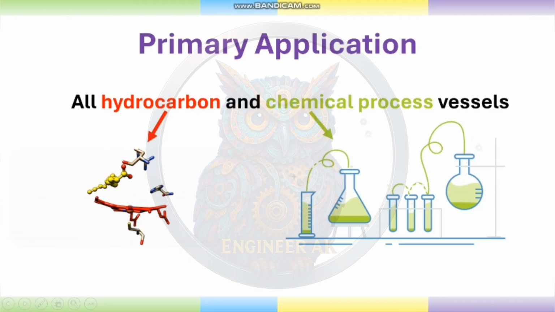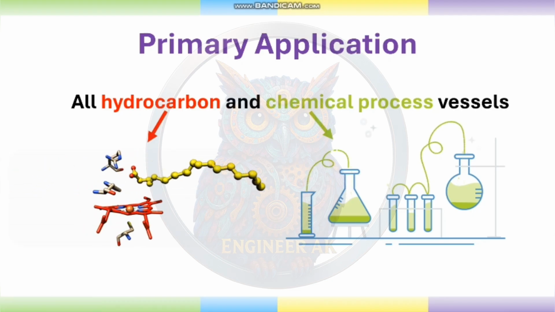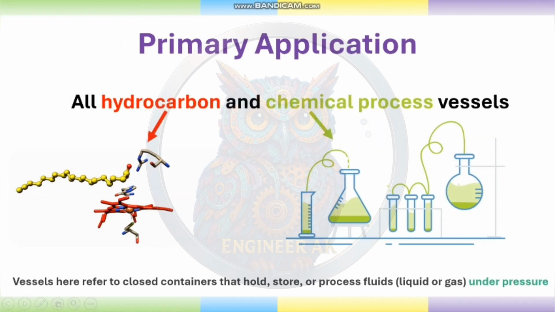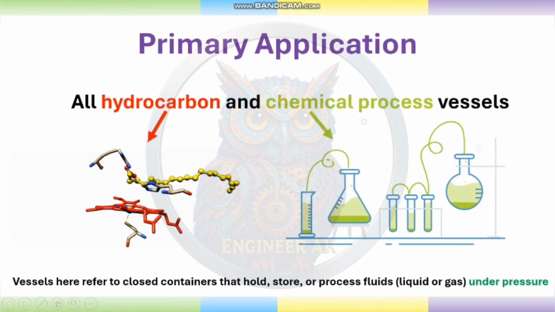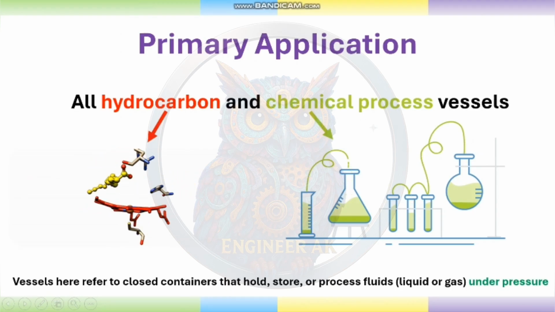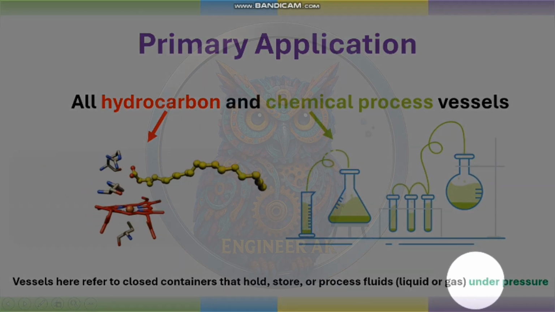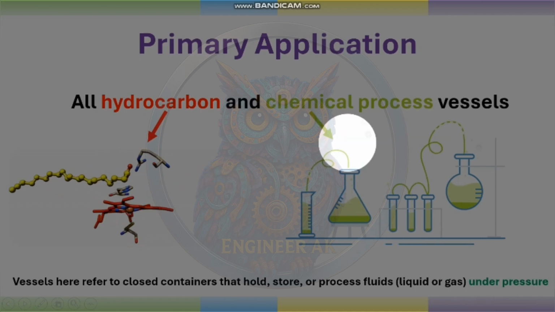But just to make one concept clear, that is vessel. What does vessel basically mean? Vessel here refers to a closed container that holds, stores, or processes fluid, liquid or gas under pressure. Remember, those vessels which have some pressure in them, that is what we call a vessel.